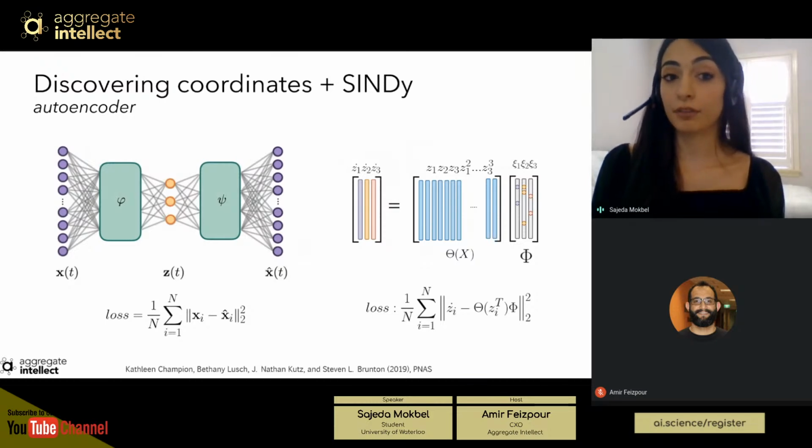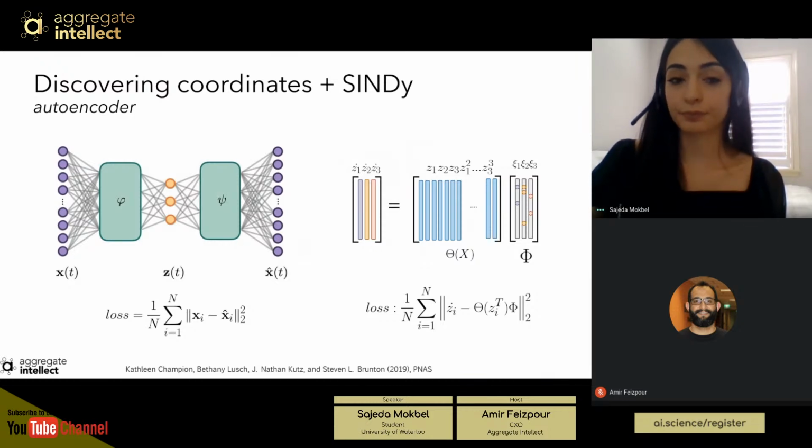And so we want to leverage this idea that in the latent space, we should have the coordinates that can best describe this data. And then we want to apply a joint discovery. So we want to use these coordinates Z in the intrinsic coordinates, and then apply SINDy to those to be able to find the correct dynamics of the model.